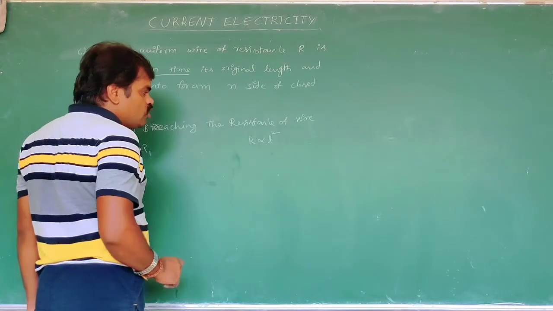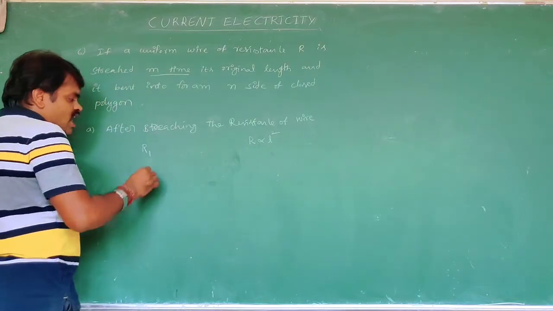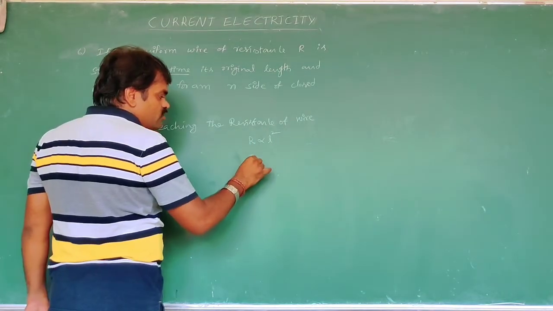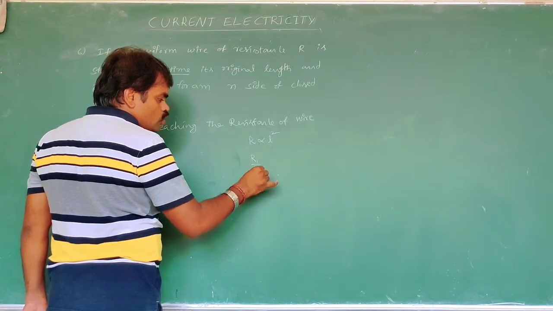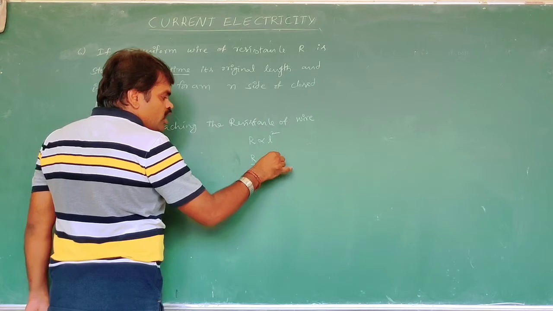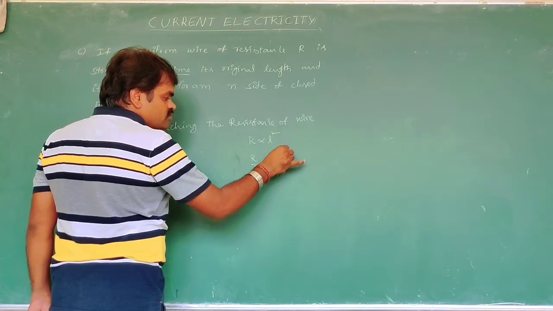R is proportional to L square, because the volume is constant. So R1 by R2 is equal to L1 by L2 whole square.